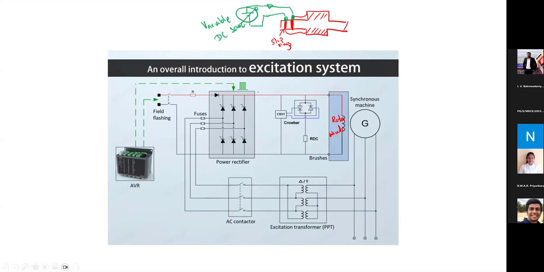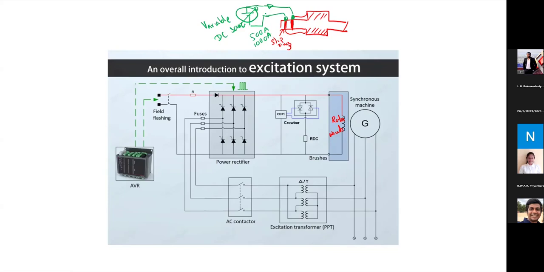The other characteristic is that this particular winding for larger generators draws about several thousands of amperes into the winding. So having a suitable power converter or a DC voltage source that has the capability to provide variable voltage to a moving winding is the problematic part of this excitation system.